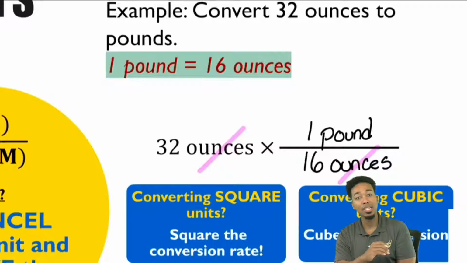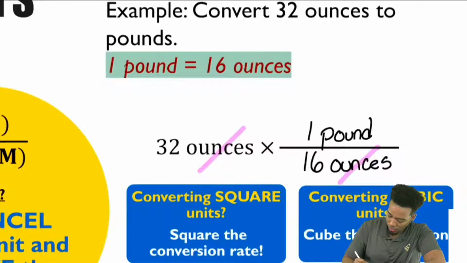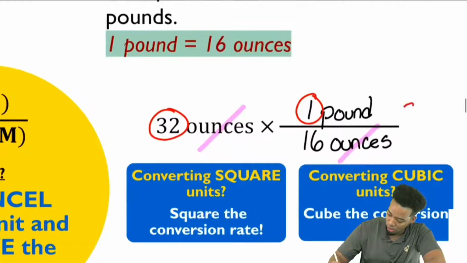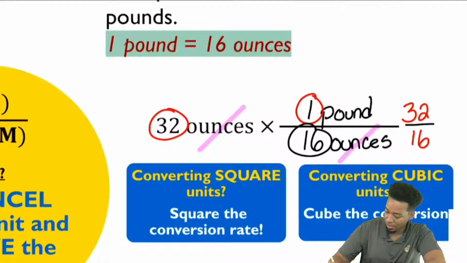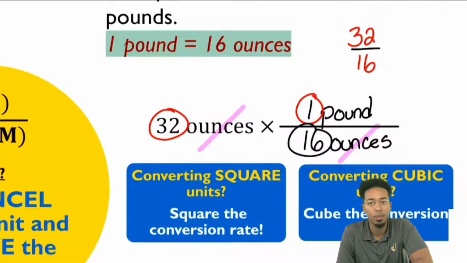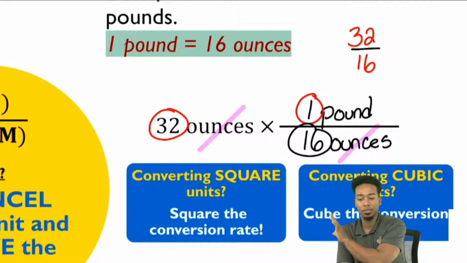And what you can see is that this leads you to divide, because what you have right here is 32 times 1, so that's just going to be 32. And then in the denominator, you still have 16. That's how you can guarantee that you'll know this is now a division problem, by just following that conversion rate.